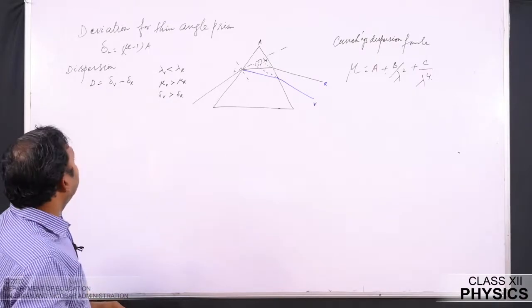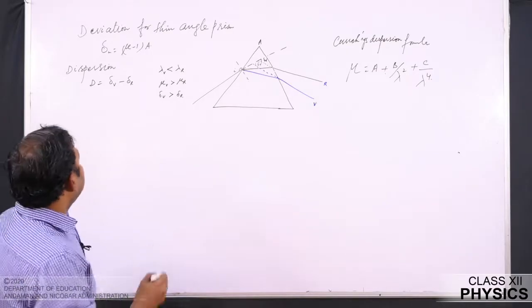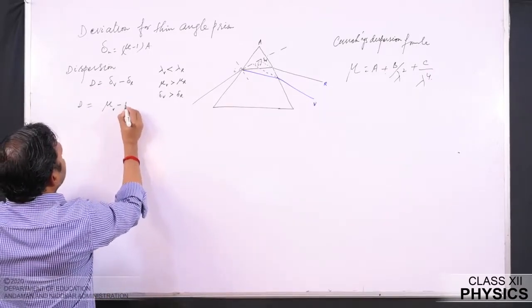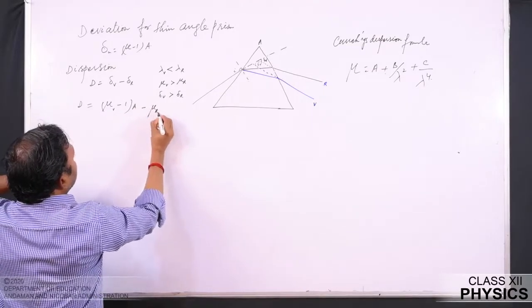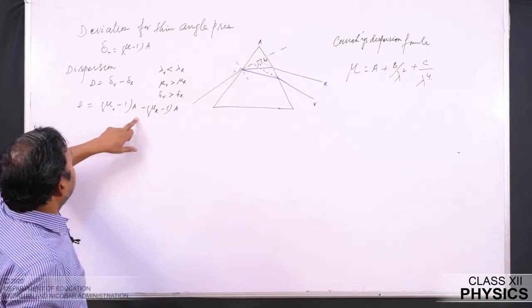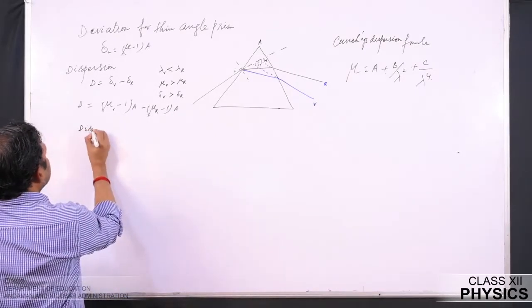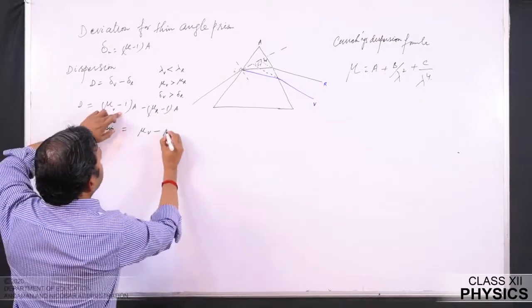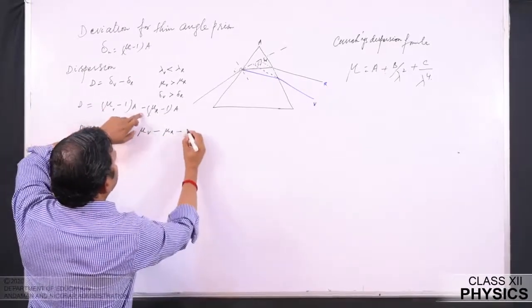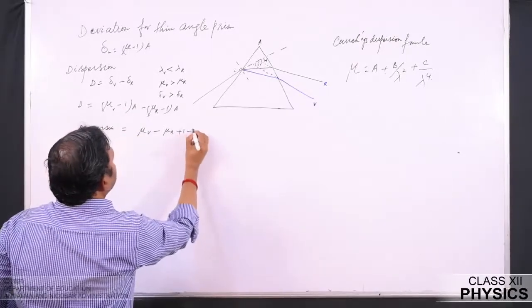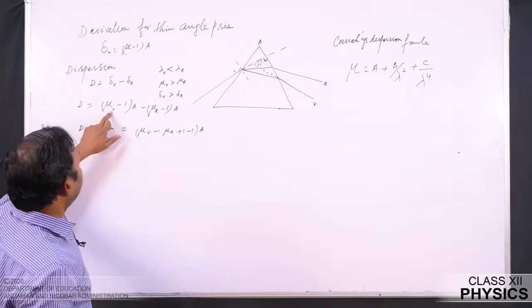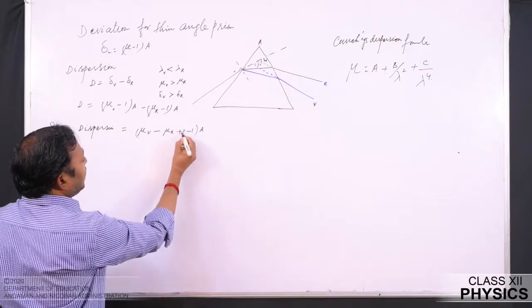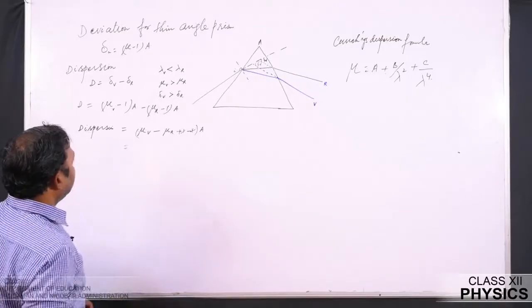So, the dispersion in this particular case is given by D is equal to delta V minus delta R. Now, put the values of delta V as well as delta R, we get the dispersion D is equal to mu V minus 1 times A minus mu R minus 1 times A. Here A can be taken common, so dispersion is equal to mu V minus mu R minus 1 plus 1, and plus 1 and minus 1 get cancelled out.